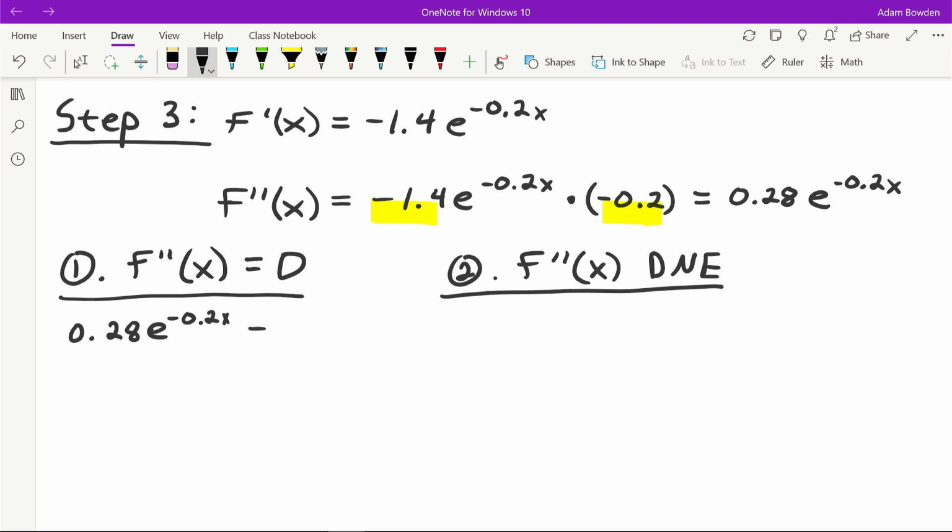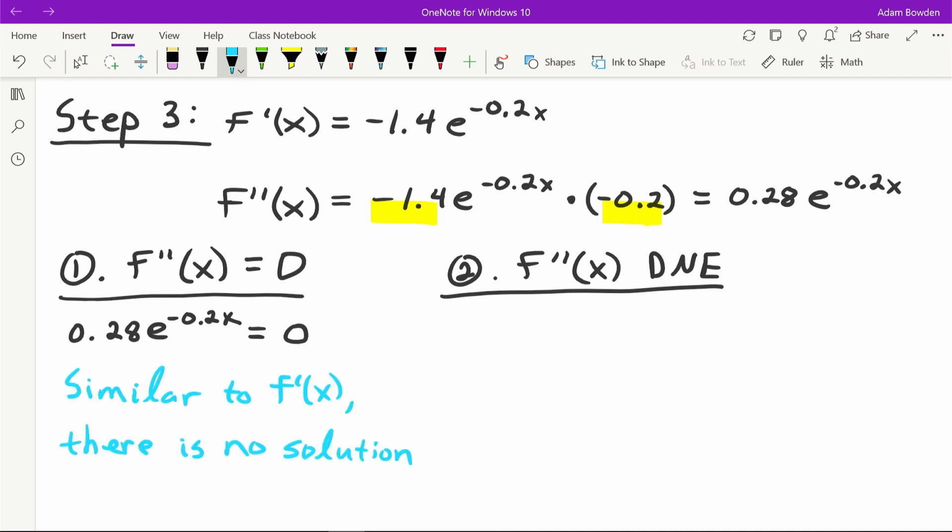If we try to set this equal to 0 and do all the steps that we did before, we'll find it's the same exact situation. We try to take the ln of 0 and it fails to solve. And just like the first derivative, the second derivative always exists. So we don't have to do anything more there.